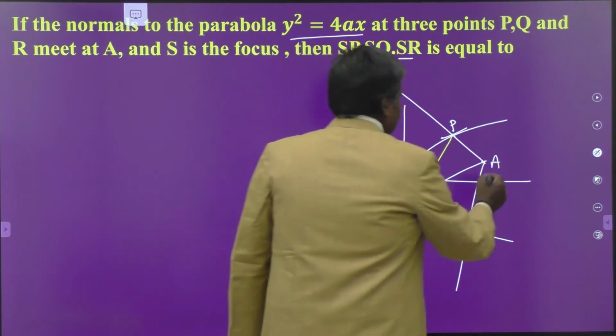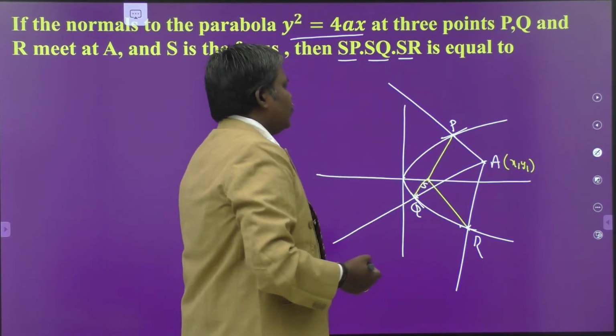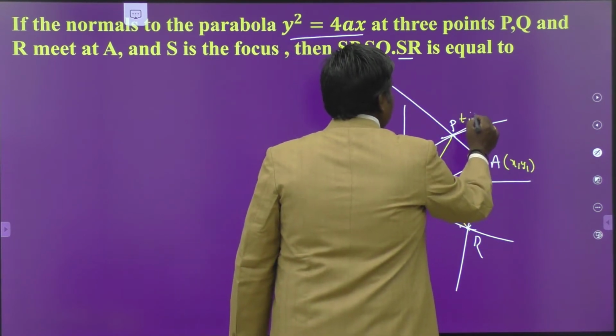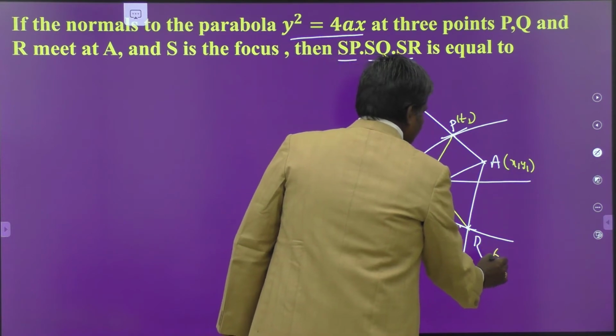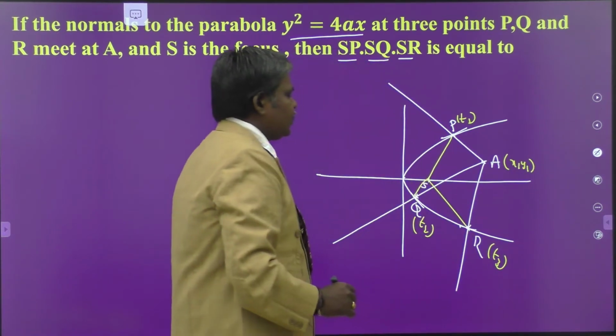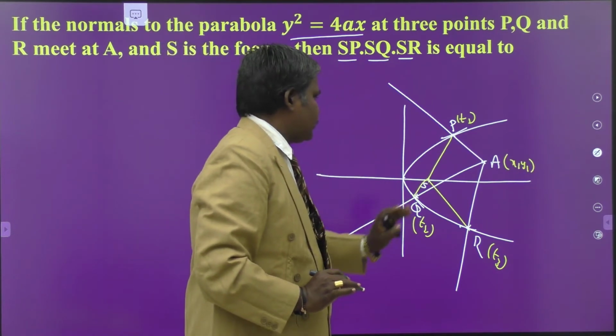Suppose your point is, say, x1 comma y1. And the coordinates of P are (a t1 square, 2a t1), Q are (a t2 square, 2a t2), R are (a t3 square, 2a t3). Right? This is the situation.